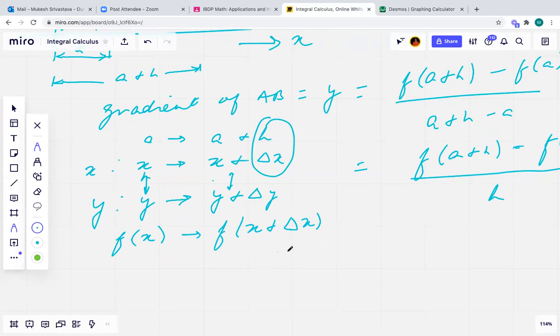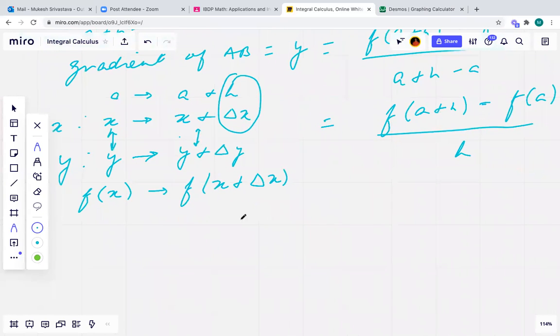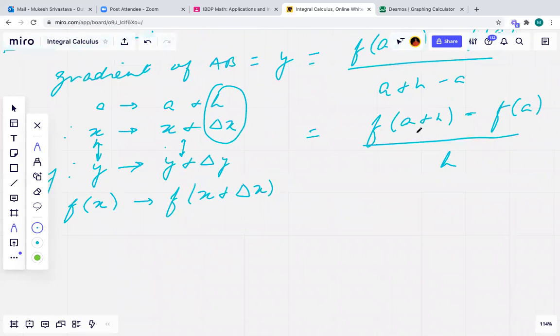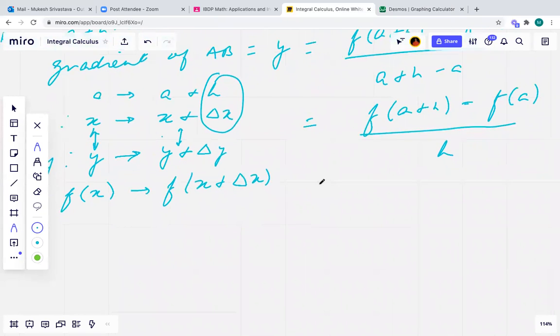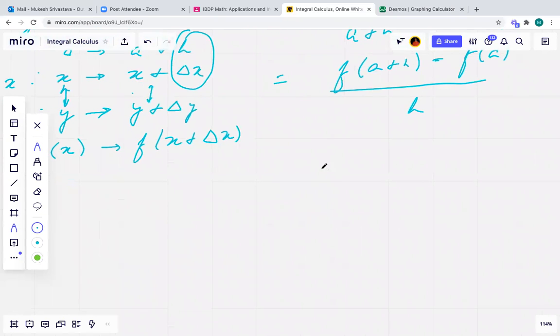My point is, see, f of a plus h minus f of a, or in general, f of x plus h minus f of x, is what? Delta y.